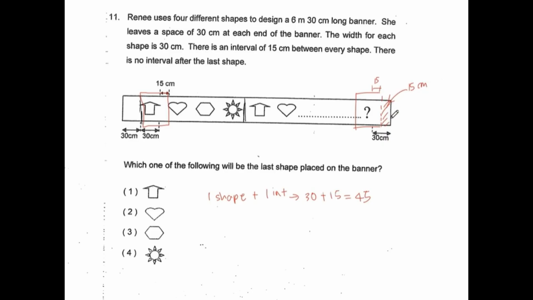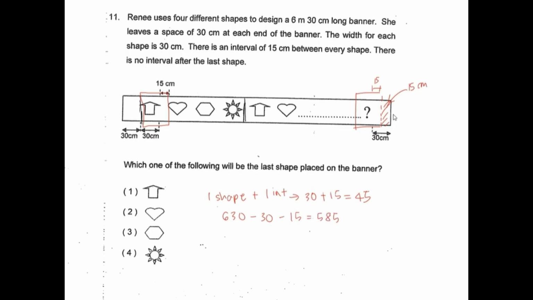So this last part here is just 15. So I'll take 630, what's 6 meter 30 cm, minus away the gap at the start, 30 cm, and minus this at the back, the 15. Not minus 30, but minus 15. So this will give me 585.